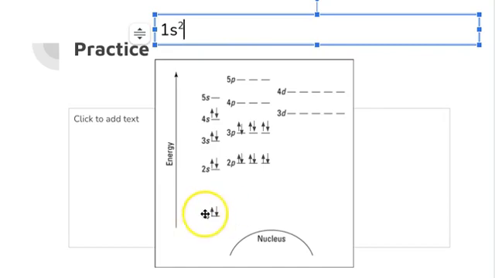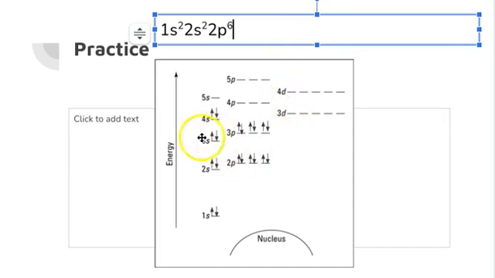Okay, so then I go up to my next level. I have 2s, and how many electrons do I have here? I have 2. So I make a little 2. Next level up is 2p. So I type 2p, and in this sublevel I have 2, 4, 6 electrons.